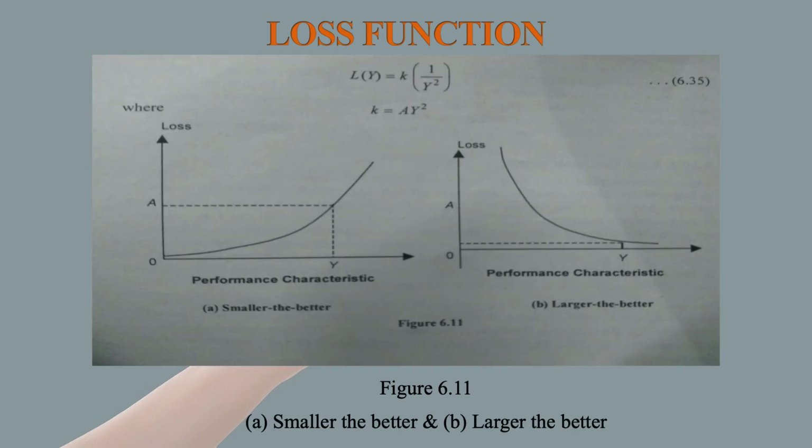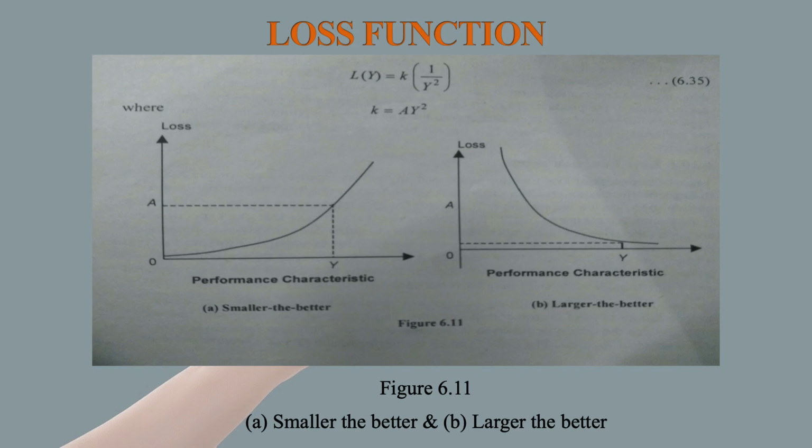Taguchi's loss functions include (a) smaller the better and (b) larger the better. You can see the smaller the better graph, where the performance characteristic moves away from the target value, and in larger the better, it moves from the maximum Y towards 0.